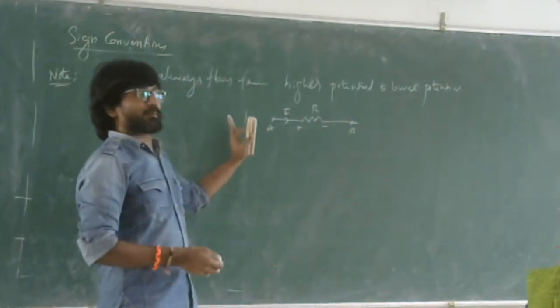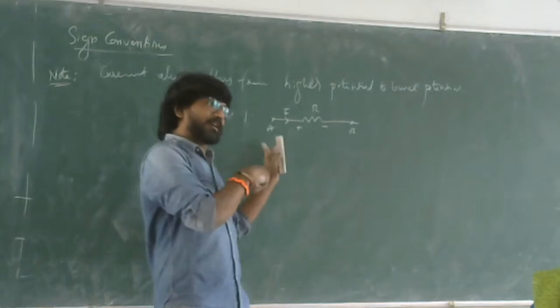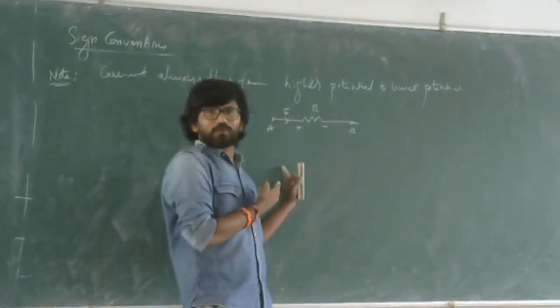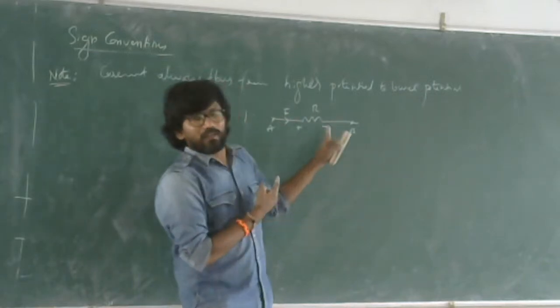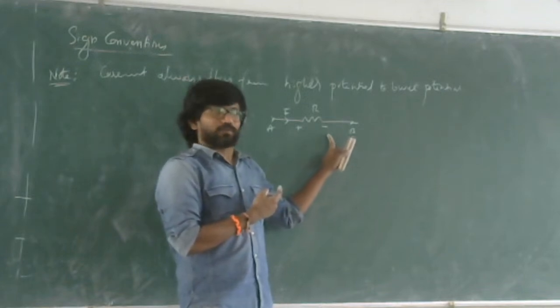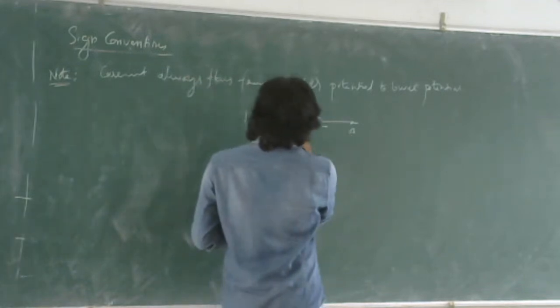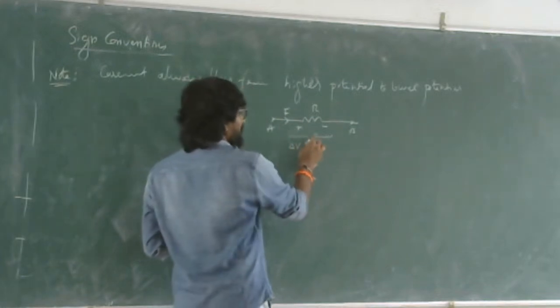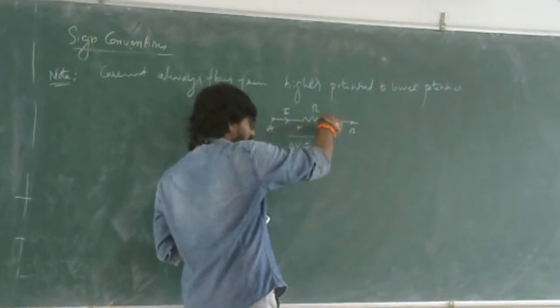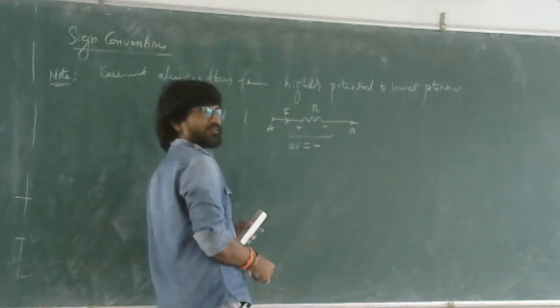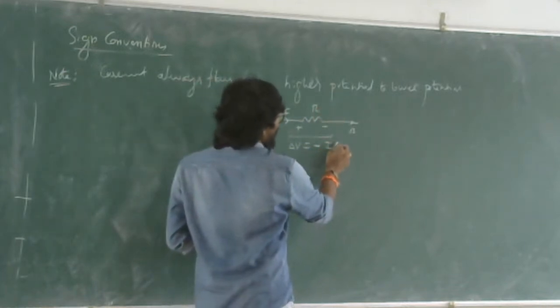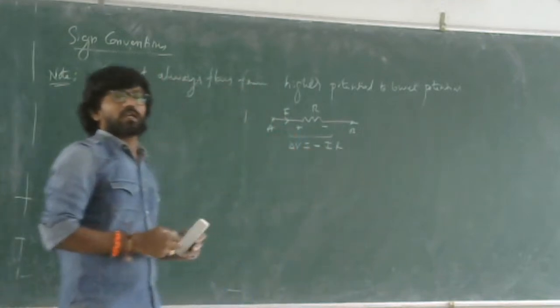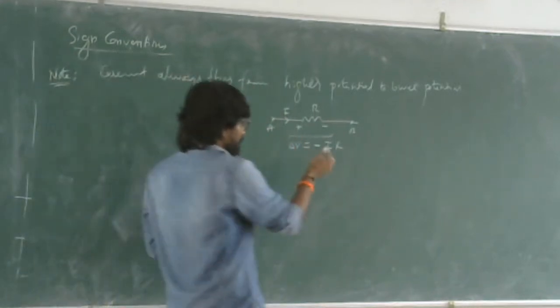Higher potential is represented with a positive sign, lower potential with a negative sign. If we go in this direction, from positive to negative, the potential difference delta V is negative: minus IR. This is what you take if you are going in this direction.